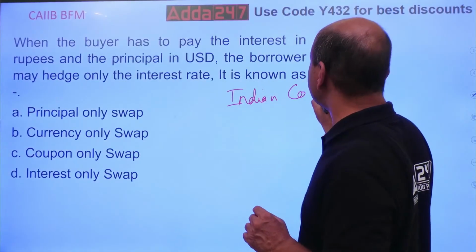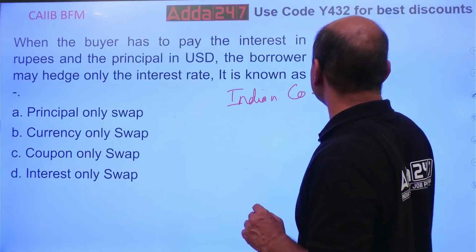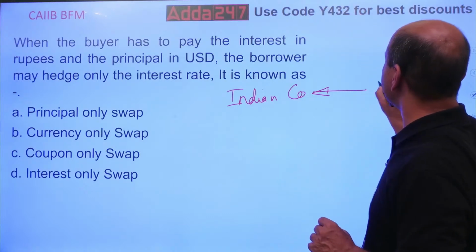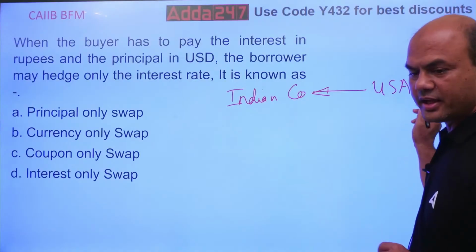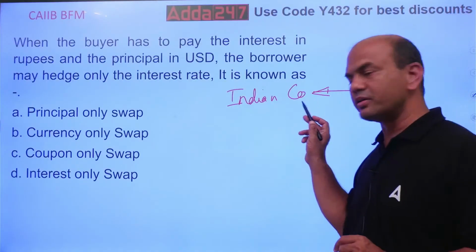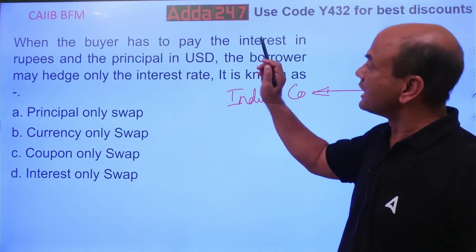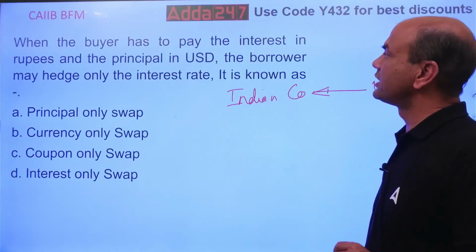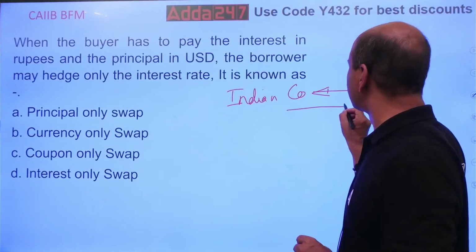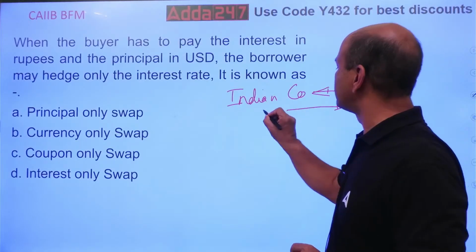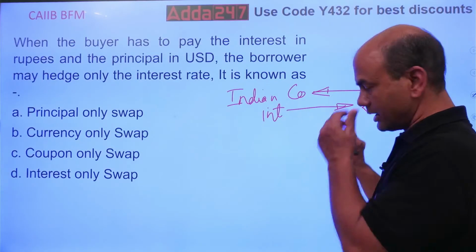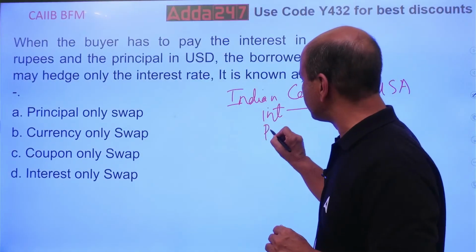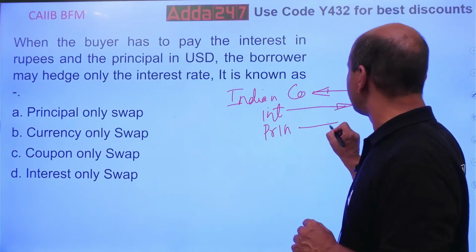Now this USA guy has given the amount to this Indian company. Now look at the case. The Indian company has to pay the interest in rupees, and the principal I have to pay in dollars.